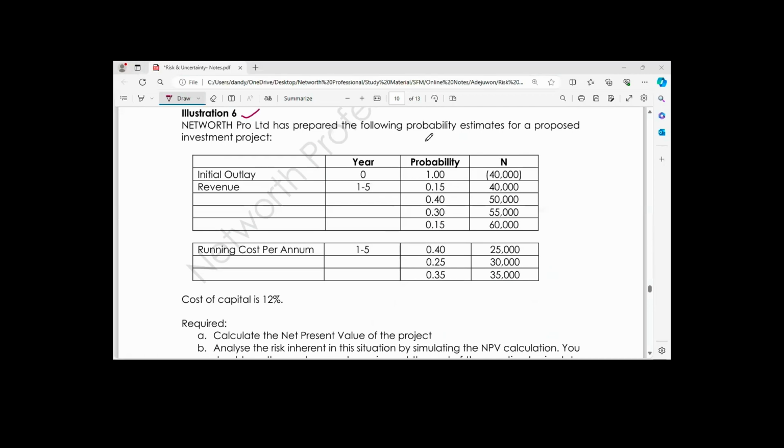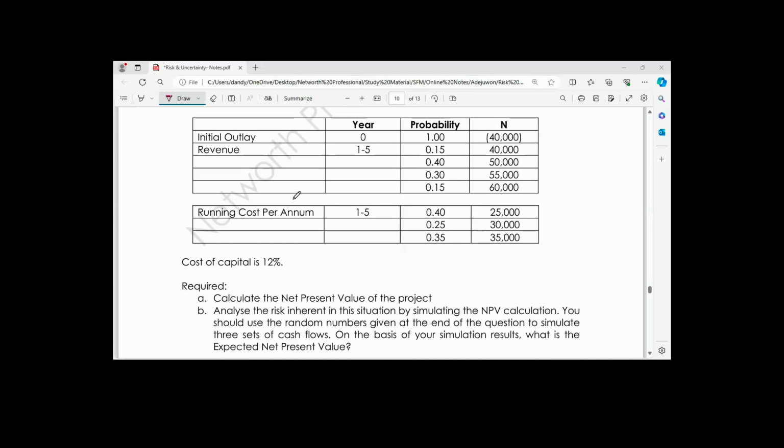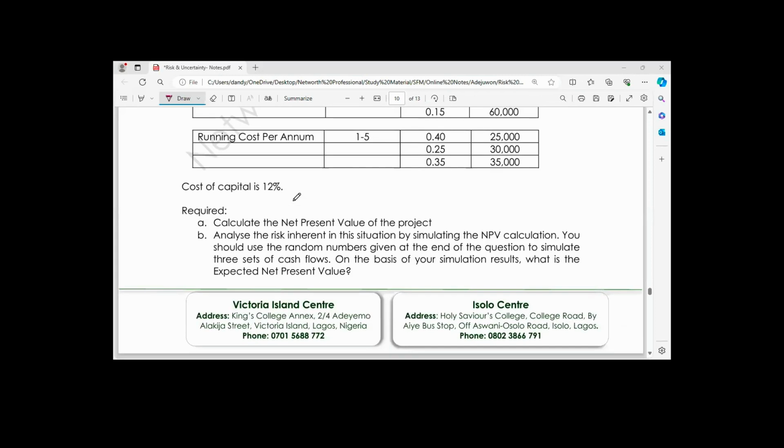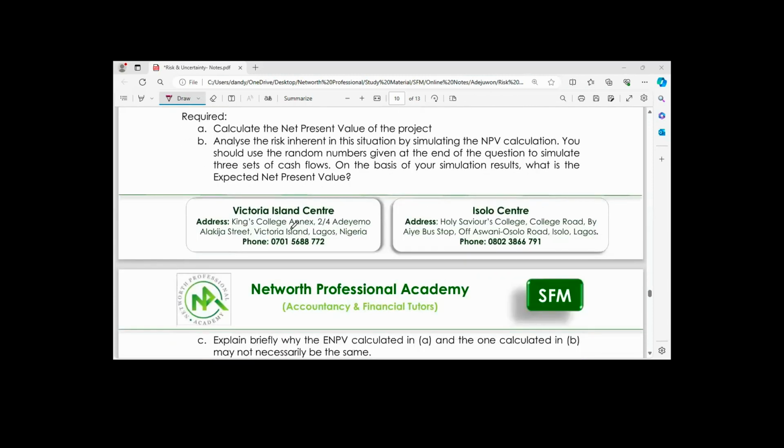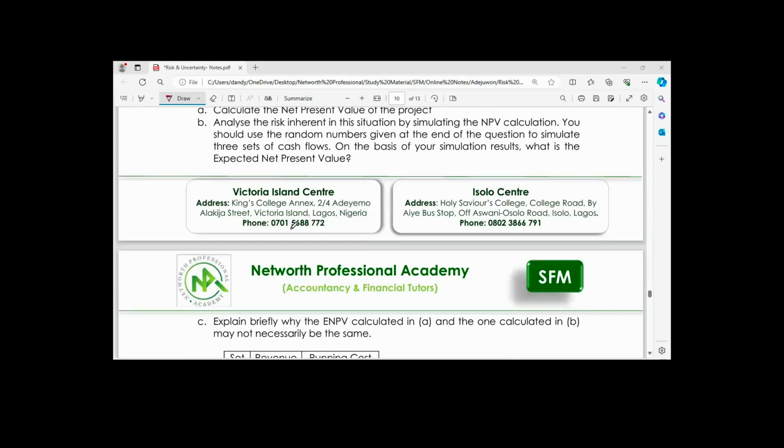Networks Pro Limited has prepared the following probability estimates for a proposed investment project. Initial outlay, year 0. Cost of capital is 12%. Required: A, calculate the net present value of the project. B, analyze the risk inherent in this situation by simulating the net present value calculation.